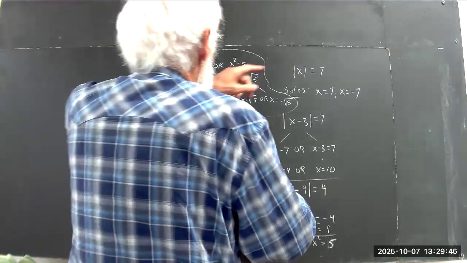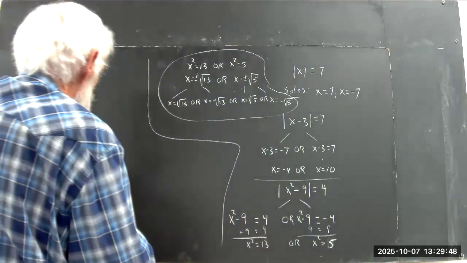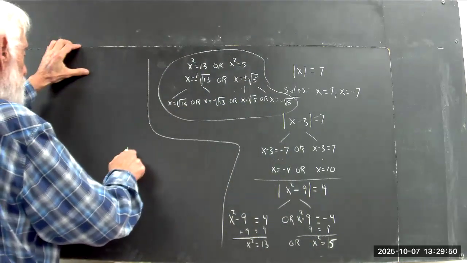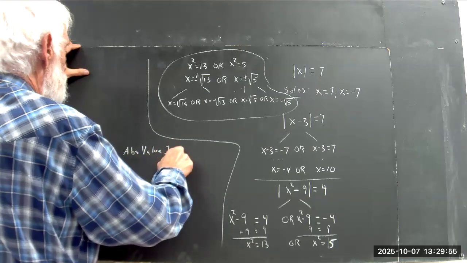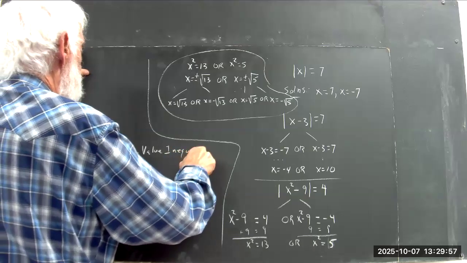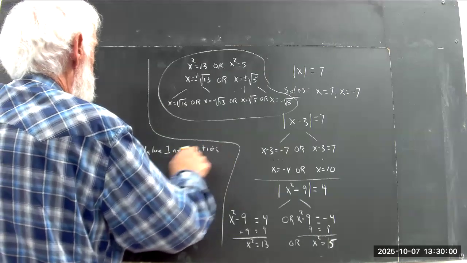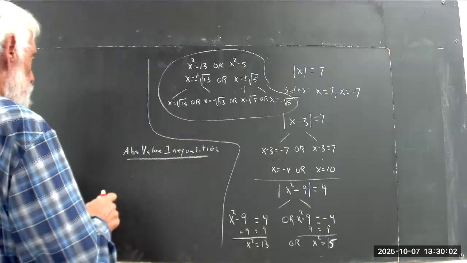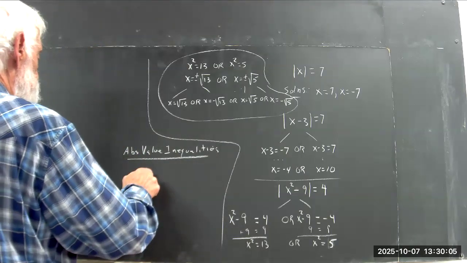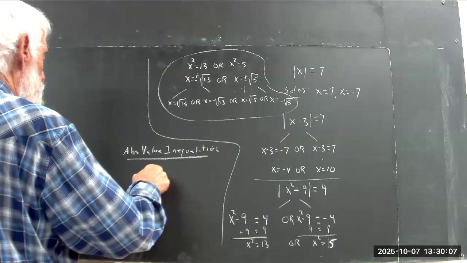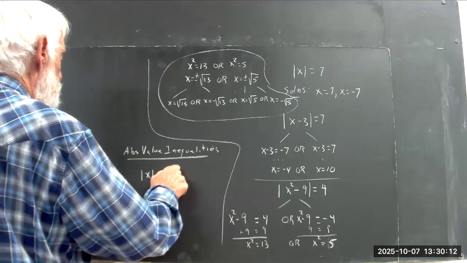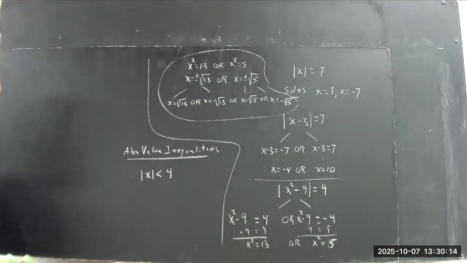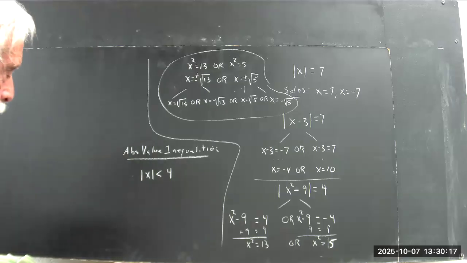So this is absolute value equalities. Now, absolute value inequality. So I'm just going to give you the rule. Absolute value of x less than 4.